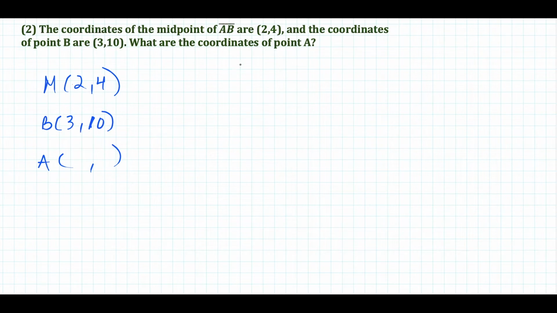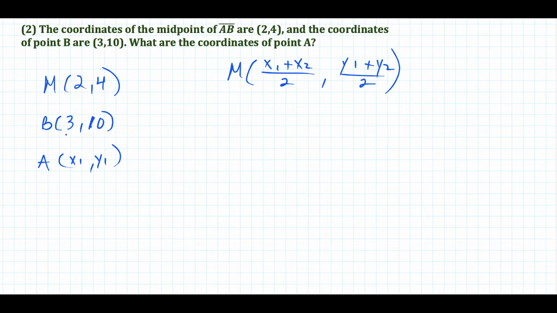Once again, we could just think of the formula for the midpoint. The midpoint is the sum of the x coordinates divided by 2, that's our x entry, and then our y coordinate is the sum of the y coordinates divided by 2. We could think of this as x1, y1, and then B would give us x2, y2.